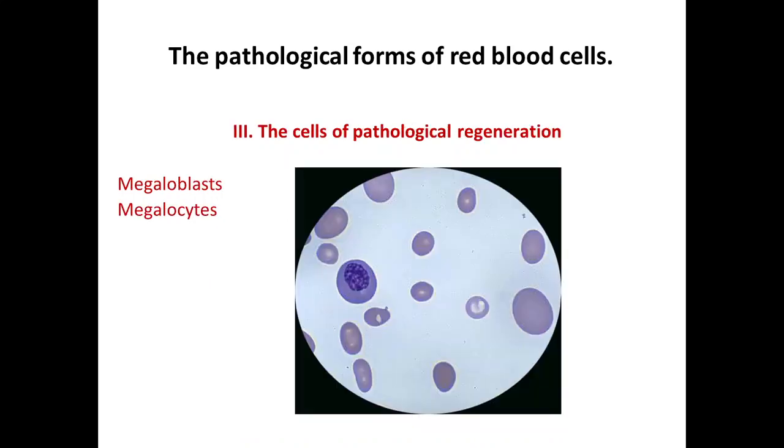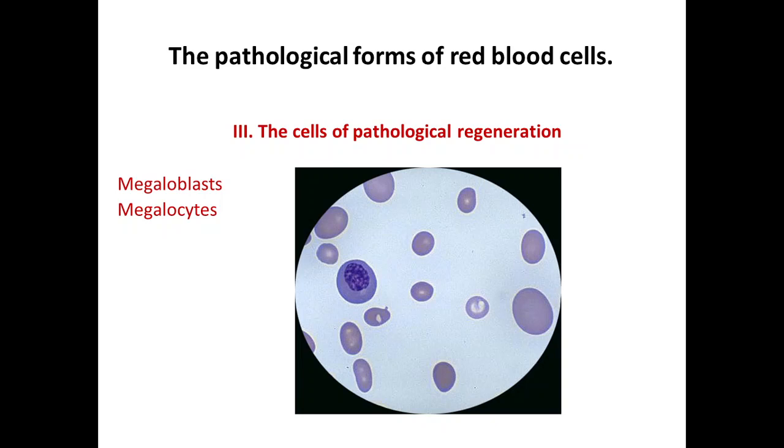And the last disorder is the presence of cells of pathological regeneration. The presence of these cells represents the stages of a red blood cell before it matures. They are not normally found in peripheral blood.